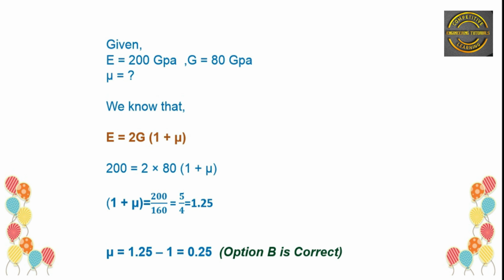So finally we have to calculate Poisson's ratio mu. So we know that E equal to 2g into 1 plus mu. So 200 equal to 2 into 80 into 1 plus mu. So finally 1 plus mu equal to 200 by 160. It is equal to 5 by 4. It is equal to 1.25. So finally mu equal to 1.25 minus 1. It is equal to 0.25. Option B is correct.